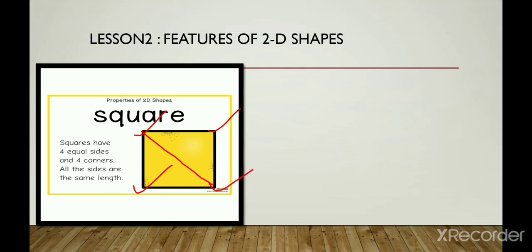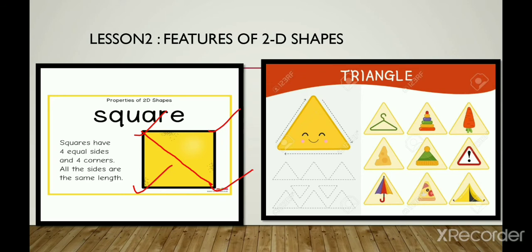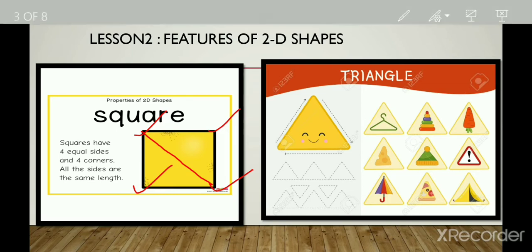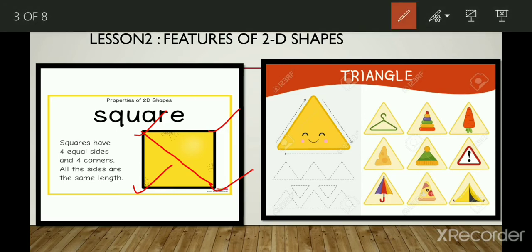Now moving to next is triangle. Okay, so as you can see, different examples of triangles are there on your screen. Now, what are the properties of a triangle? Well, a triangle has 3 sides and 3 corners. Let us see how.